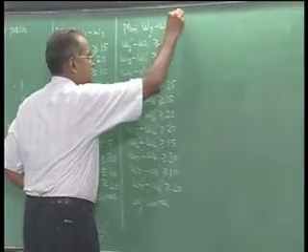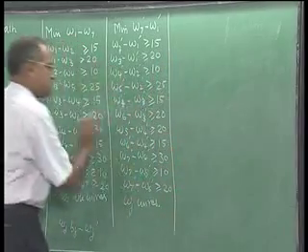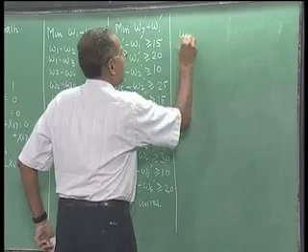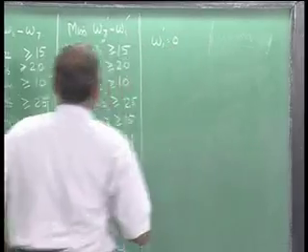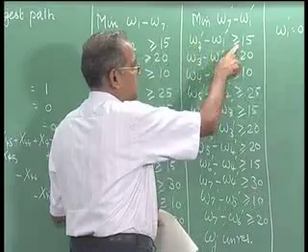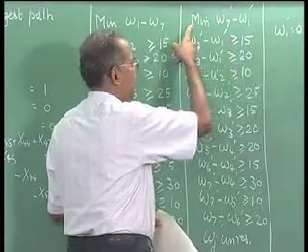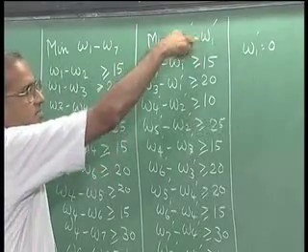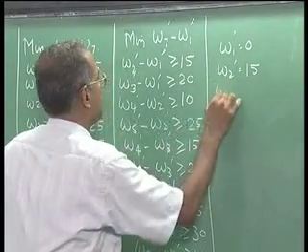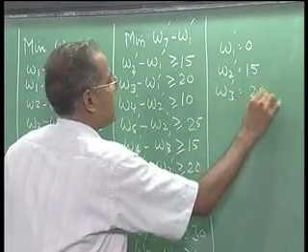So we now have this as the dual which comes from this, and now we can start with W1 dash equal to 0. Now when W1 dash is equal to 0, automatically W2 dash is greater than or equal to 15, and we want to minimize W7 dash minus W1 dash, so W2 dash will become 15, W3 dash will become 20.